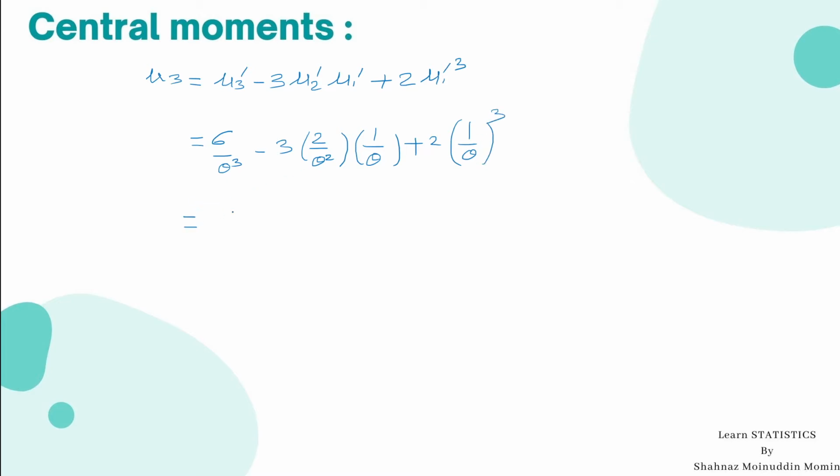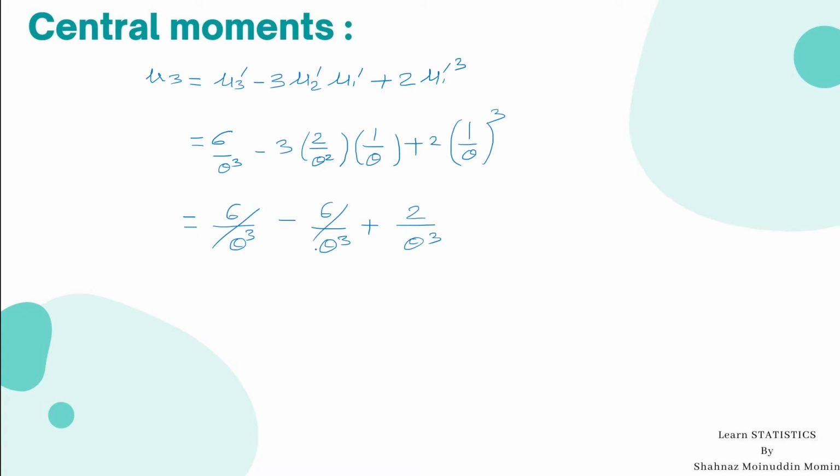Simplify it, we get 6 by theta cube minus 6 by theta cube plus 2 divided by theta cube.